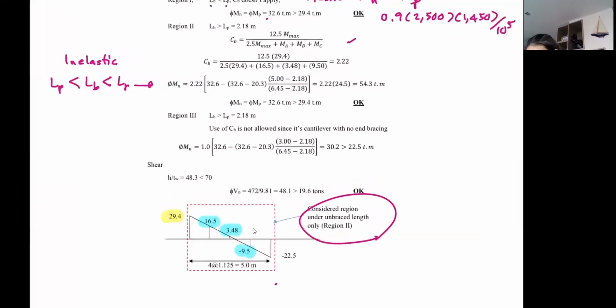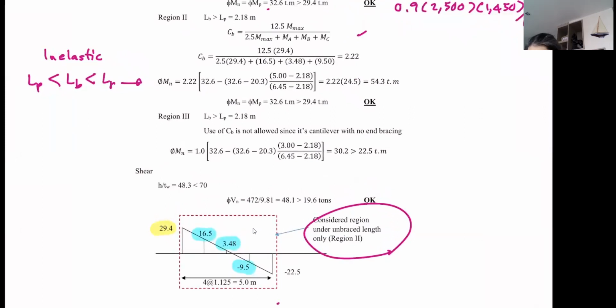So go back to this. M max is 29.4, right? That's your M max. And then MA is going to be 16.5, MB 3.48, and MC, even though it's negative, we use only the absolute value.